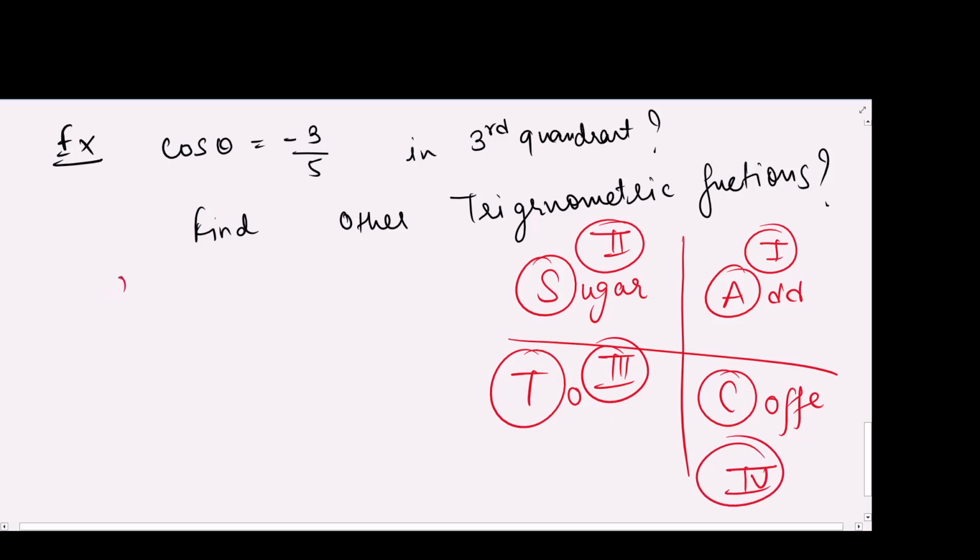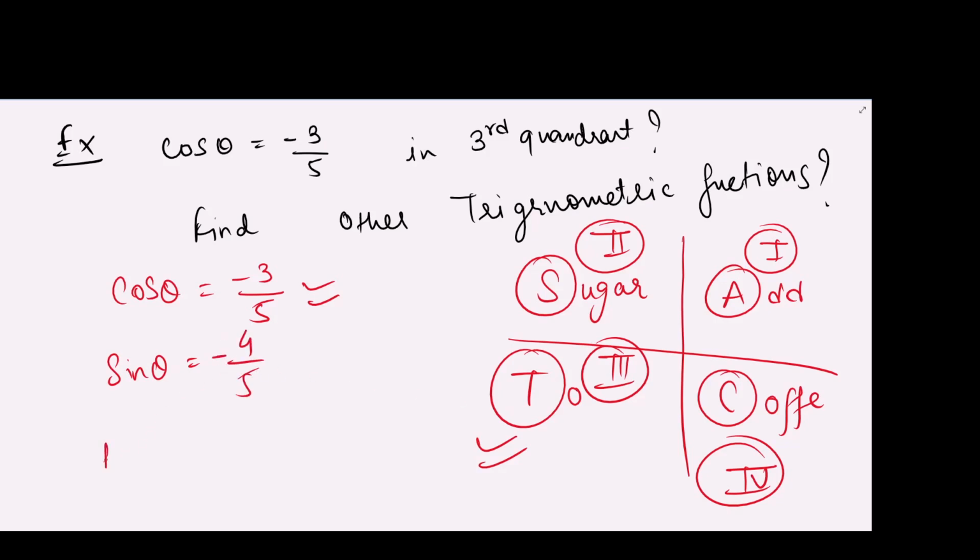So cos theta is minus 3 by 5, which is in third quadrant, so it is negative. So sine theta will be 4 by 5. In third quadrant it will be negative. Tan theta will be 4 by 3.